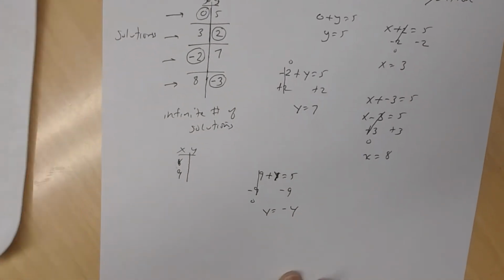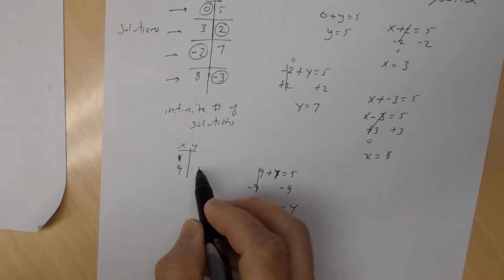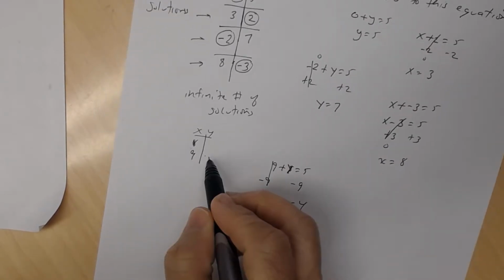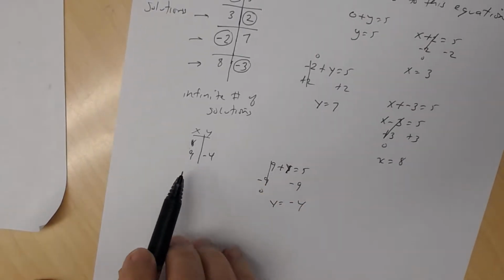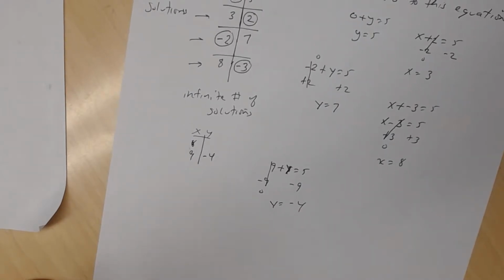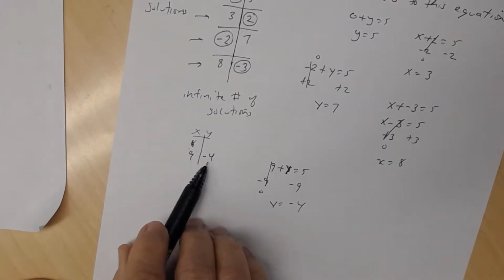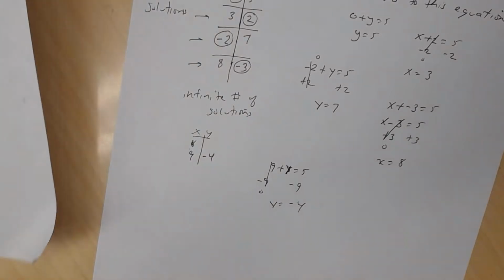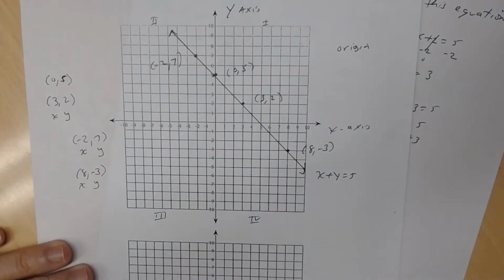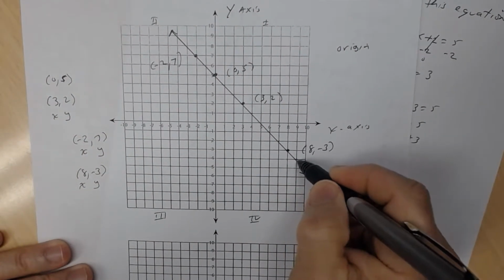And if I go back, I found another solution. So another solution to this equation is x is 9, y is -4.